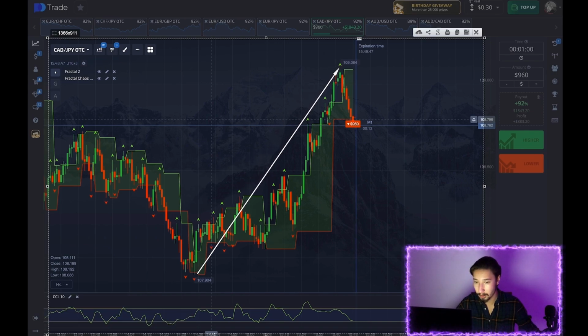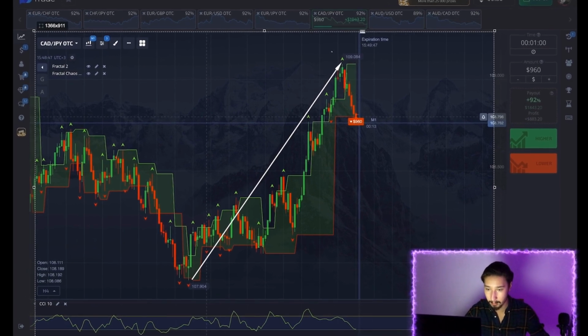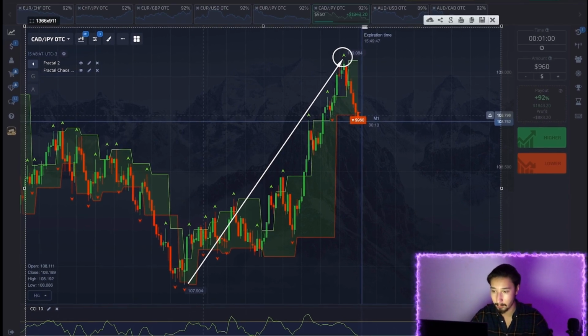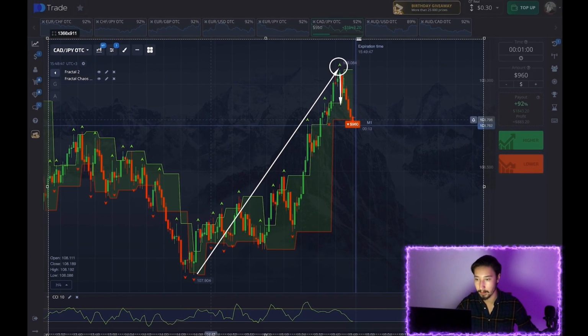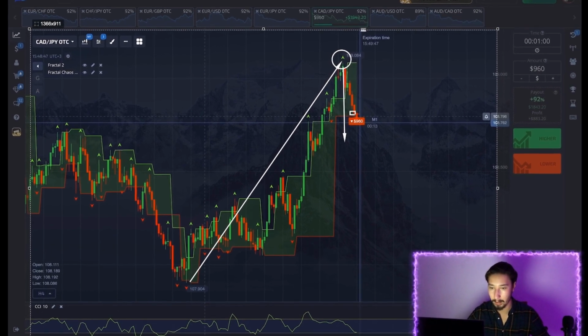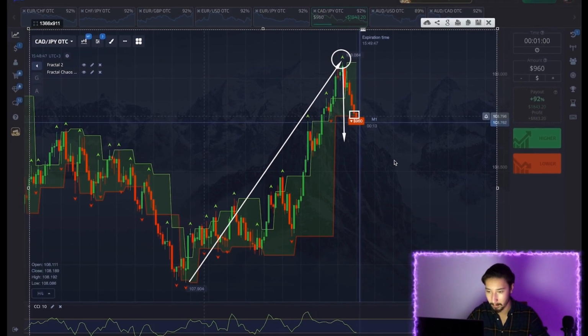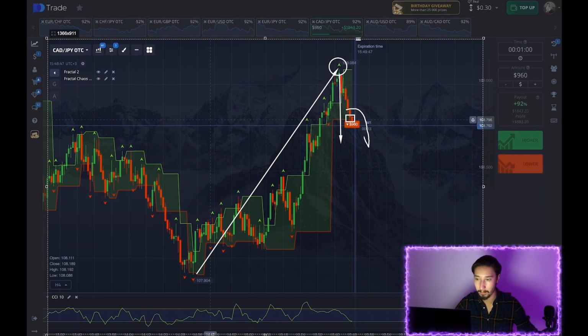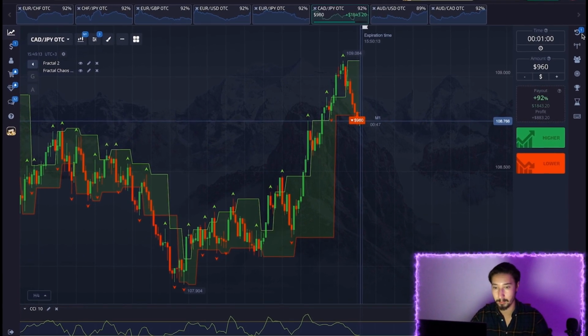Then a new local maximum formed, and the movement went down, of course. In this area, there is again a breakout along the lower moving band of the fractal, and I think that our further dynamics should go down too, which is why we open here a short position.